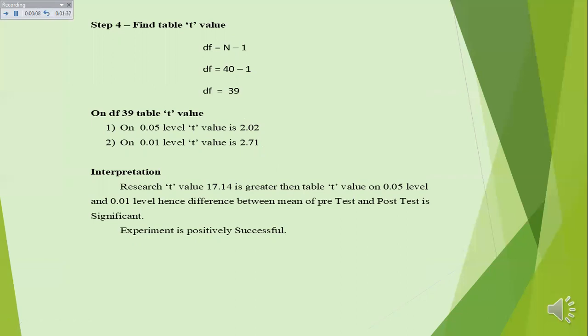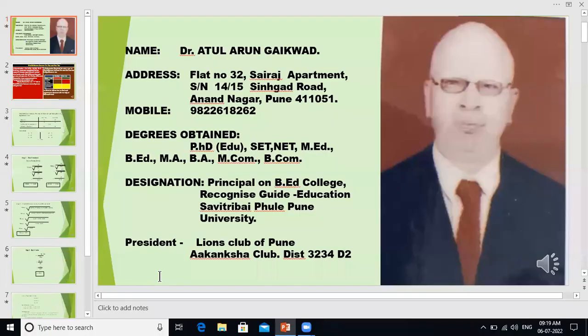If research t value is greater than table t value, then the difference between pre-test and post-test must be significant. That means your experiment must be successful. And if vice versa, our table t value is greater than research t value, then the difference between pre-test and post-test is not significant, and your experiment is not successful.